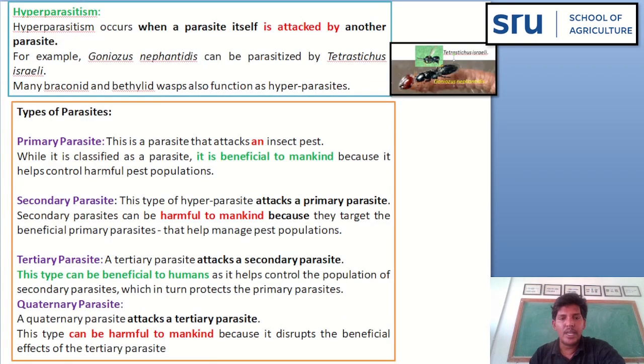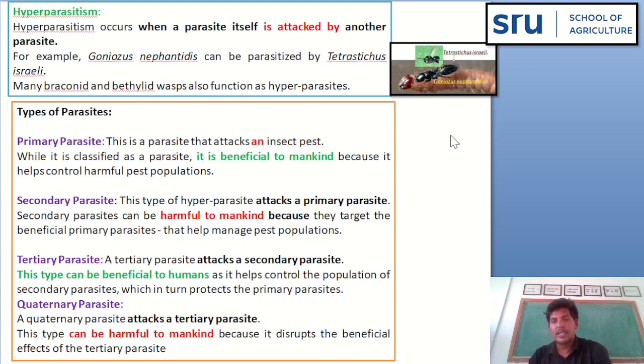Next, hyperparasitism. This is the host insect Opisina arenosella, which is attacked by Goniozus nephantidis. But this Goniozus nephantidis is attacked by Tetrastichus israeli. This parasite is attacked by another parasite.